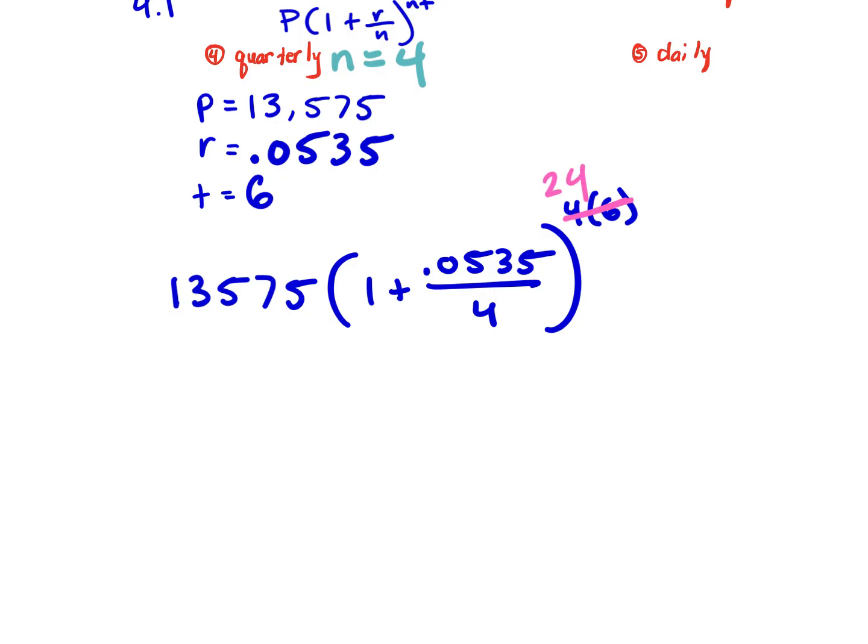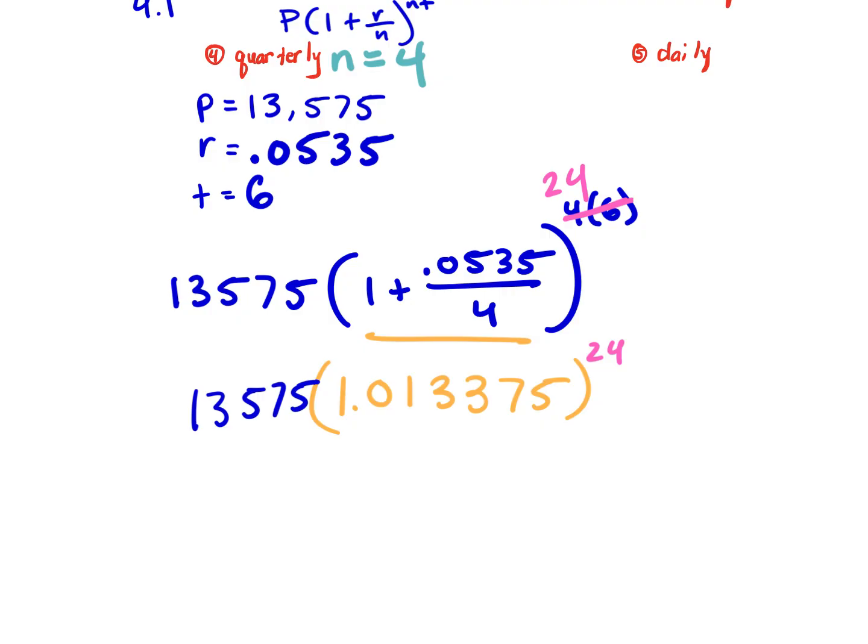So our exponent's 24. Then I'm going to do inside the parentheses next. So I'm going to do 0.0535 divided by 4 plus 1 gives us 1.013375. That's the power of 24.